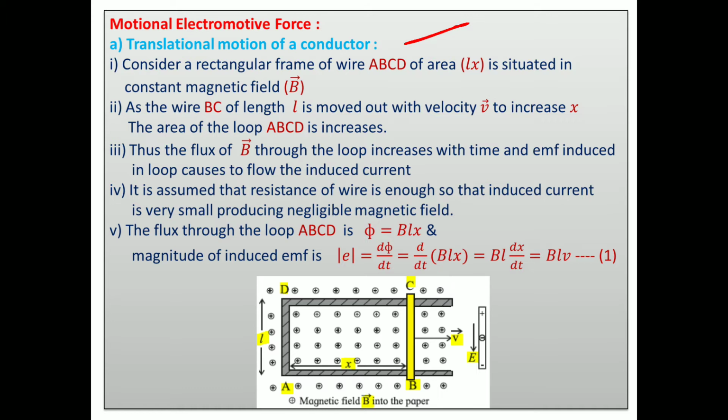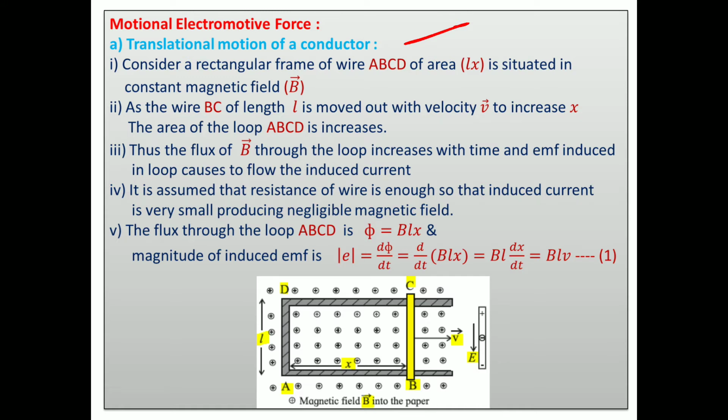And as EMF is induced, meaning voltage is generated in the loop, it causes current to flow through the loop. Look in which direction the current is set up. The direction of the current we considered here, according to Lenz's law, is from B to C.